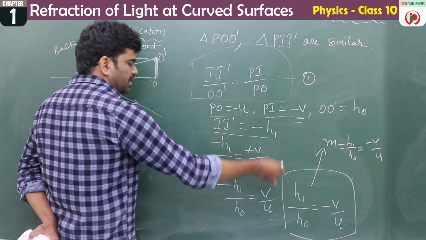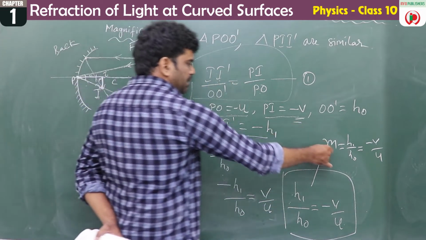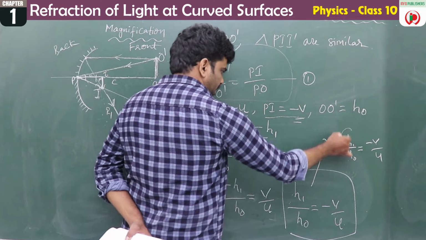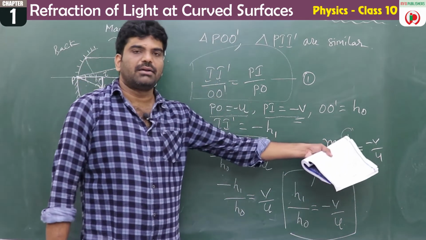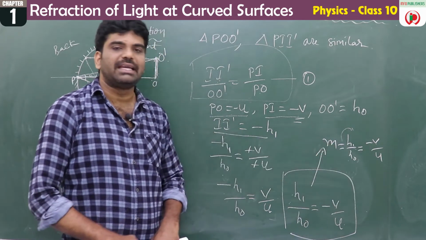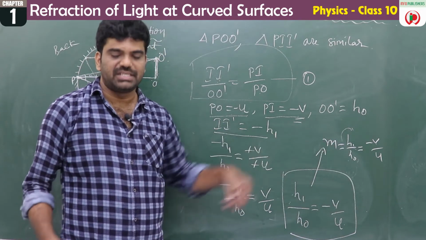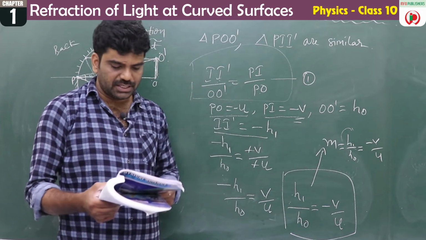Just substitute here, we will get this equation. So M is equal to HI by HO, height of the image by height of the object, or V is image distance by U is object distance.